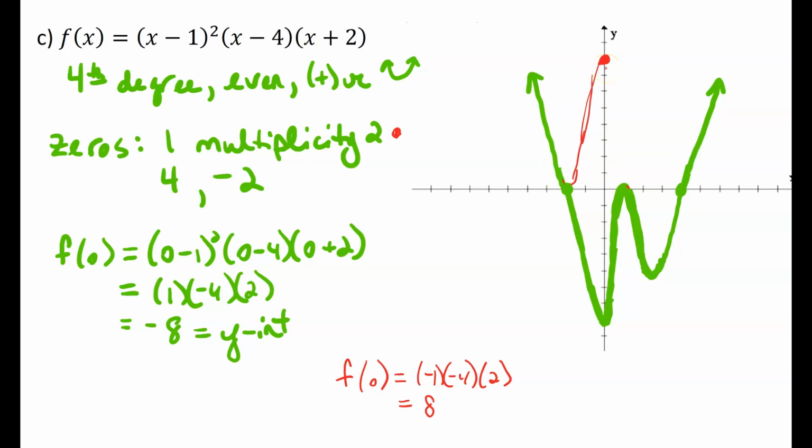Okay. It's kind of funny because the incorrect stuff is red, right? Oh, yes. All right. So use all the information that you have when you're putting your final sketch together. Make sure things match up. Okay.